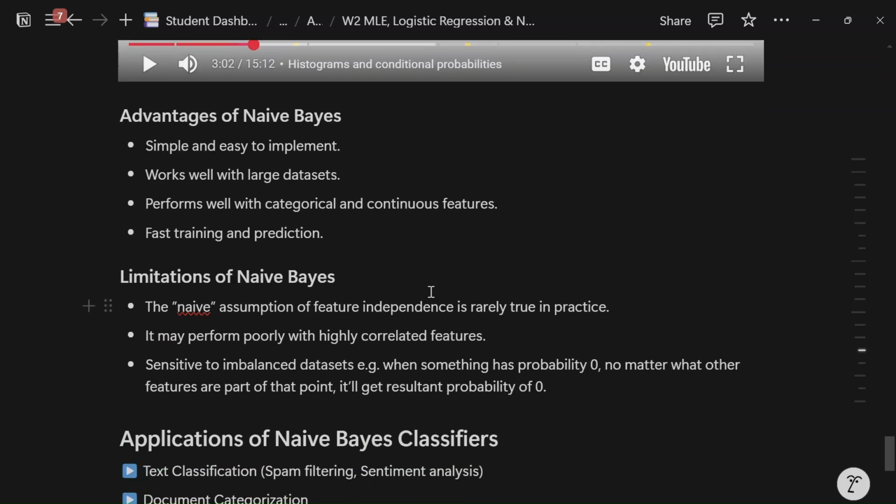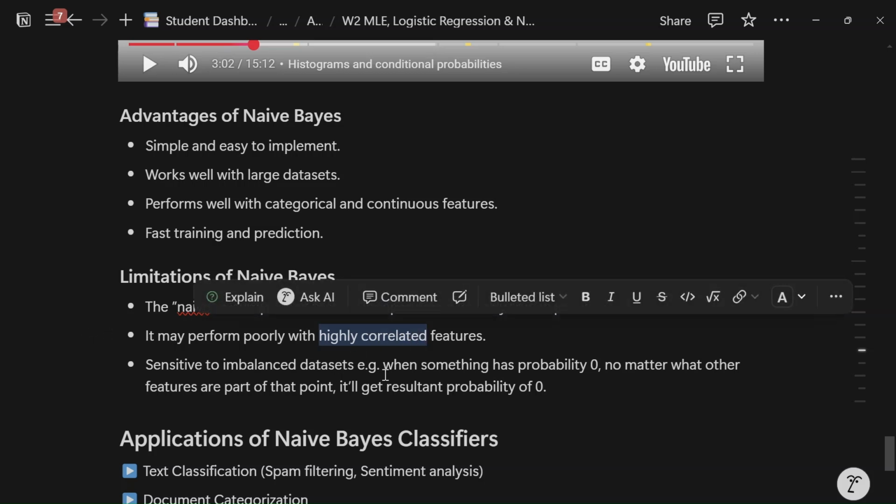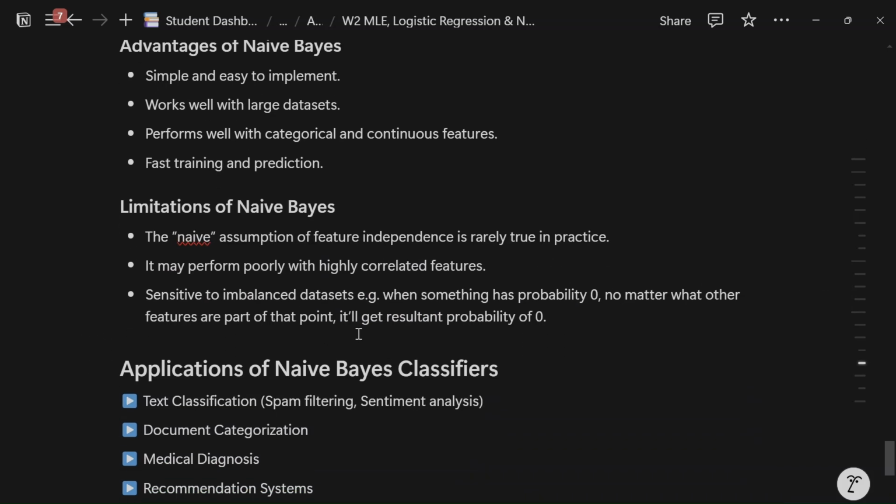Limitations of naive Bayes include the naive assumption of feature independence, which is rarely true in practice, as we saw with this fever example. It may perform poorly with highly correlated features, because highly correlated features means highly dependent features on each other, essentially. And it's sensitive to imbalanced data sets.